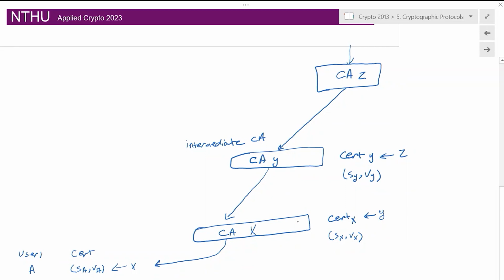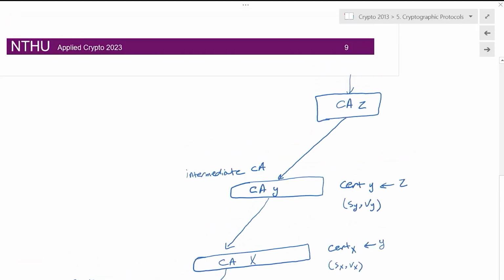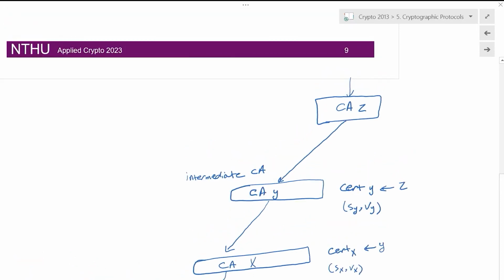I don't trust X, so I use the Y certificate to verify X, and then I get to Y, and it looks like I run into this one on the very top of the list, and this guy has a certificate Z, so I'm going to use the verification key in the certificate Z to verify the certificate of this Y guy. So you see that this is a tedious step.